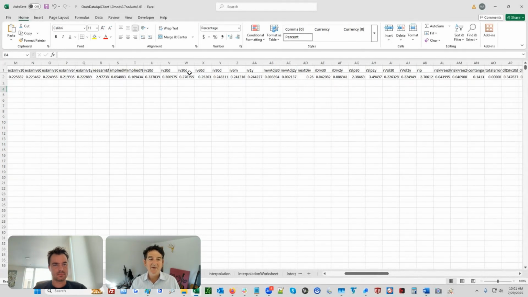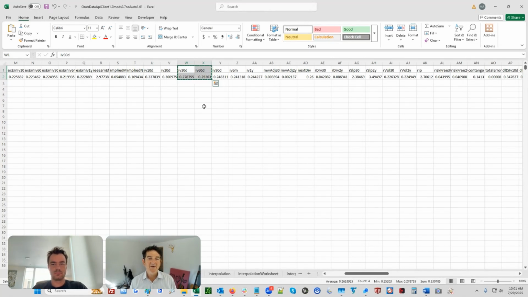Let's just say we have 30 and 60 day Apple is 27 on the 30 and 25 on the 60. So what do we know about between the 30 and the 60? Is it higher than 27 or lower than 27.8? It would have to be lower because for the 60-day average, so to speak, it's 25.